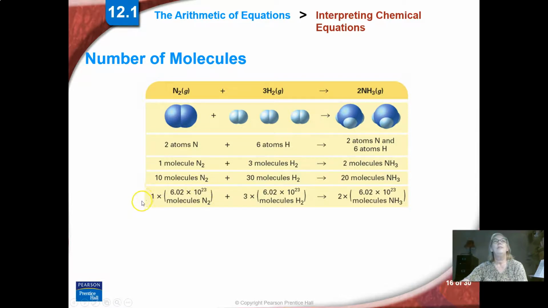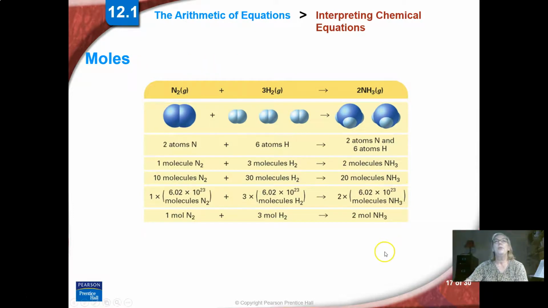So I actually have 1 times 6.02 times 10 to the 23rd molecules of N2. If I really want to scale it up and do it in mole quantities, I would have 3 times 6.02 times 10 to the 23rd here, and 2 times 6.02 times 10 to the 23rd. So we can talk about this balanced equation in terms of just individual atoms and molecules, or we can talk about it in terms of moles. So there's our moles.